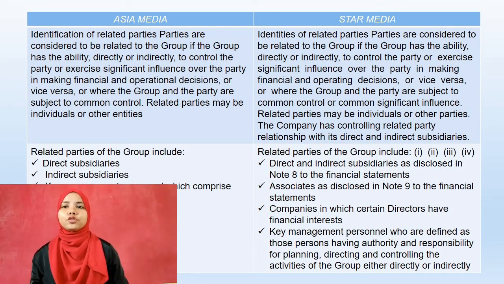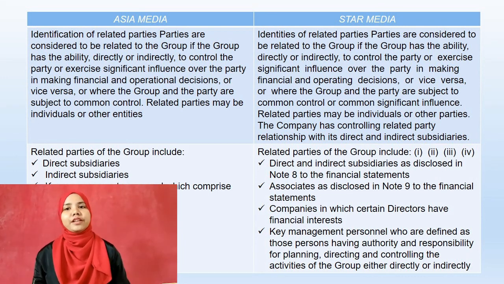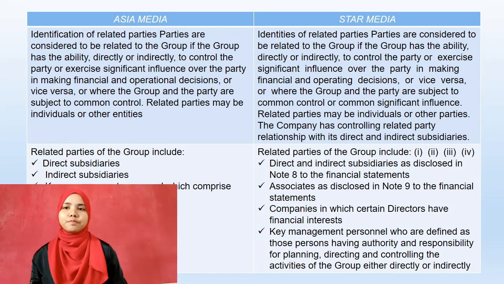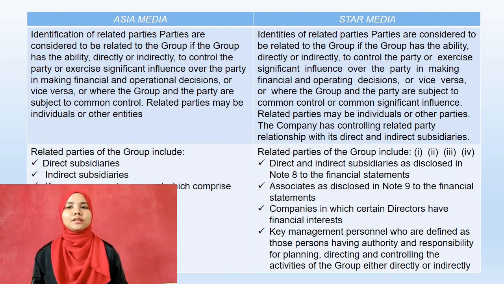Related parties of the group include direct or indirect subsidiaries as disclosed in Note 8 to the financial statements, associates as disclosed in Note 9 to the financial statements, companies in which certain directors have financial interests, and key management personnel who are defined as those persons having authority and responsibility for planning, directing, and controlling the activities of the group either directly or indirectly.